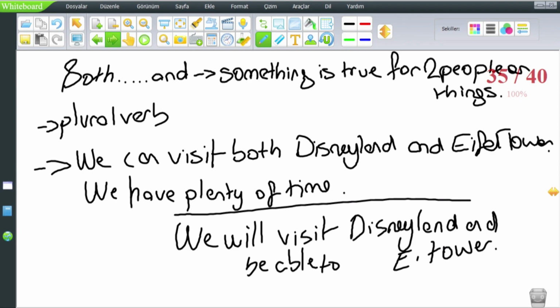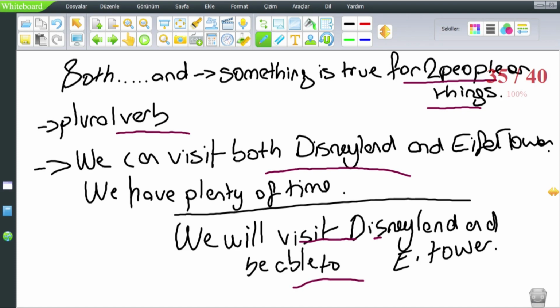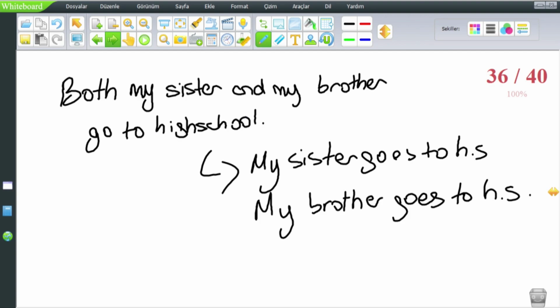When something is true for two people or two things, we use plural verb and it gives obviously an affirmative meaning. We can visit both Disneyland and Eiffel Tower. We have plenty of time. We will be able to visit Disneyland and Eiffel Tower. It applies for both of them.